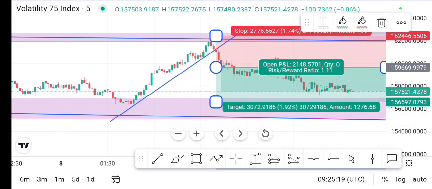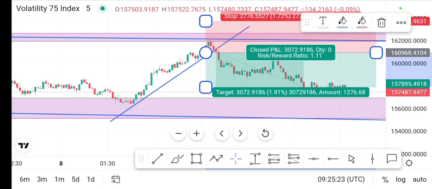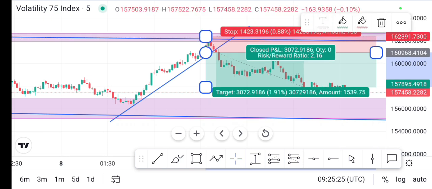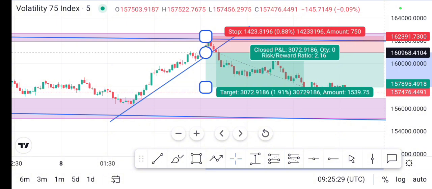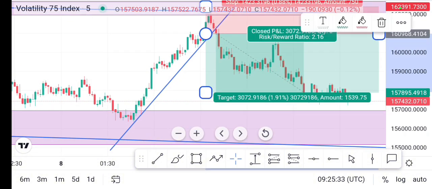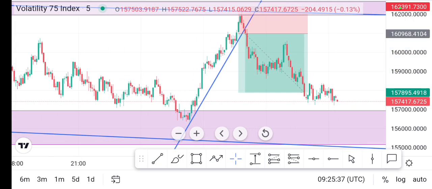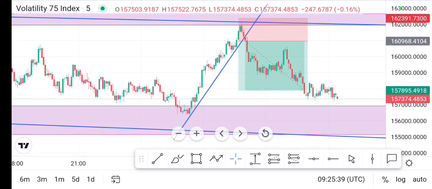So our execution was supposed to be here on M5, after closing, stop loss above here, and then we target 1 to 2, and then yes, the opportunity is done. This scalp was done and we made some profit, and now you are ongoing.